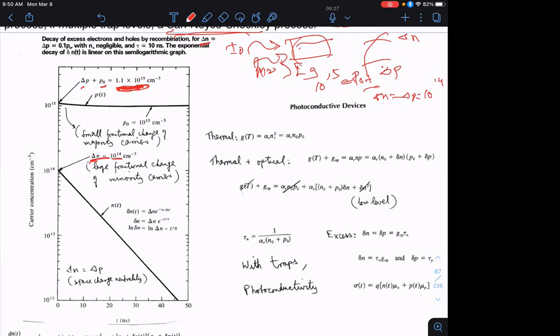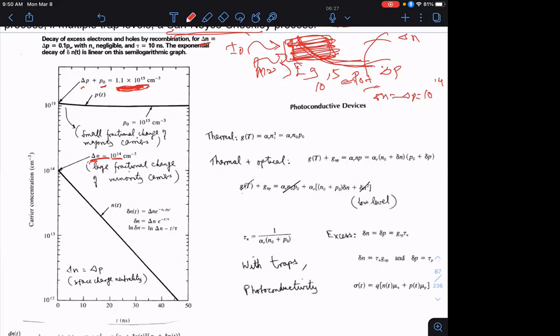So I shine light on it, and I assume that the film is thin enough that it's more or less uniformly absorbed. In practice, of course, we saw that if it was a thick sample, the light intensity would die down exponentially with distance, but I'm assuming a thin enough bar that it's almost constant.